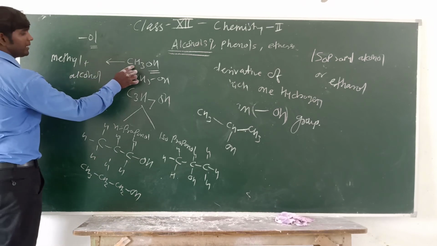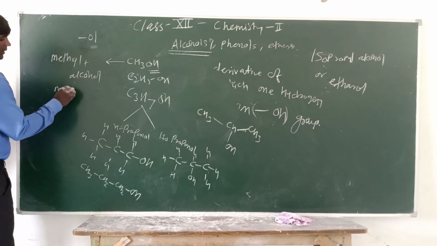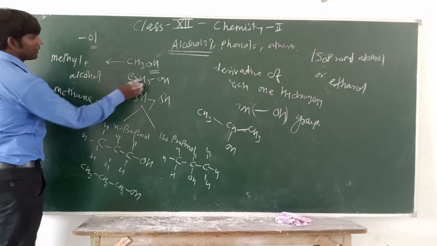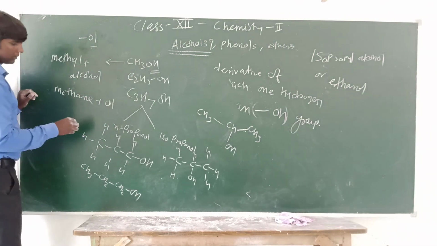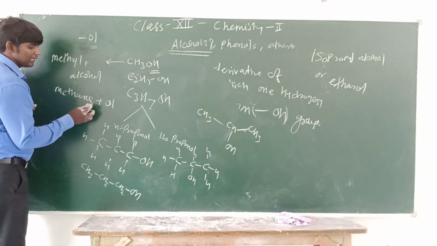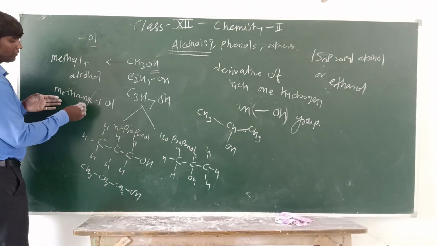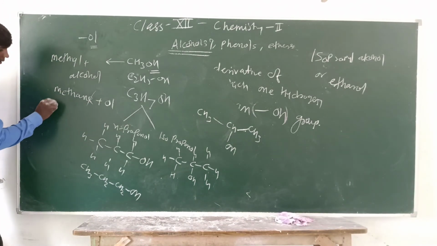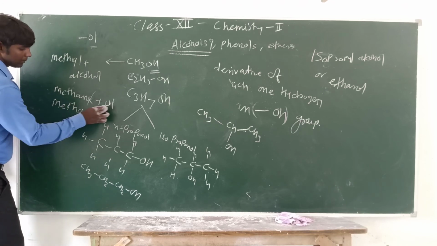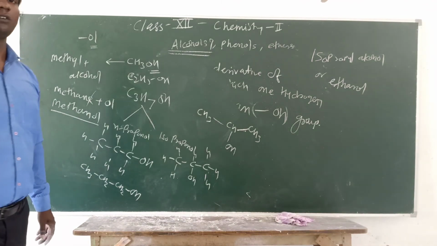Like in methanol, one methyl group is there, so write methane plus OH, ol. See, there are two vowels coming together, E and O, so one vowel gets cancelled. What is left behind is methan plus ol, that is methanol. This is called the IUPAC name.